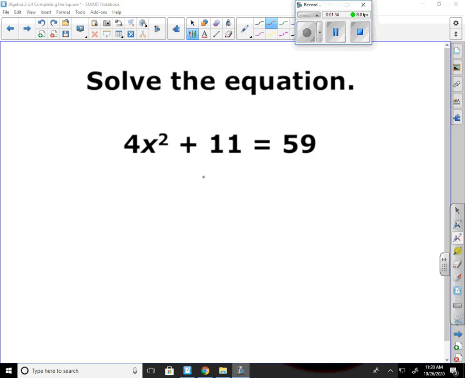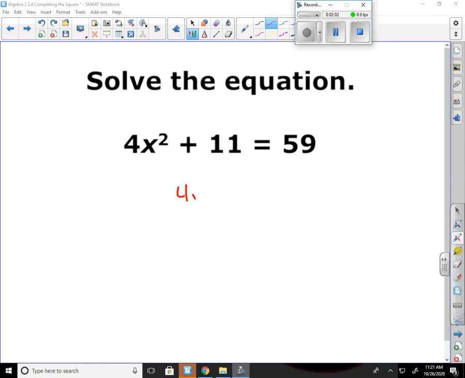If I look at this equation, I'm starting with 4x squared plus 11 equals 59. If I look at this on the left-hand side now, I can't really do much with that. What I can do is subtract the 11 over to the other side.